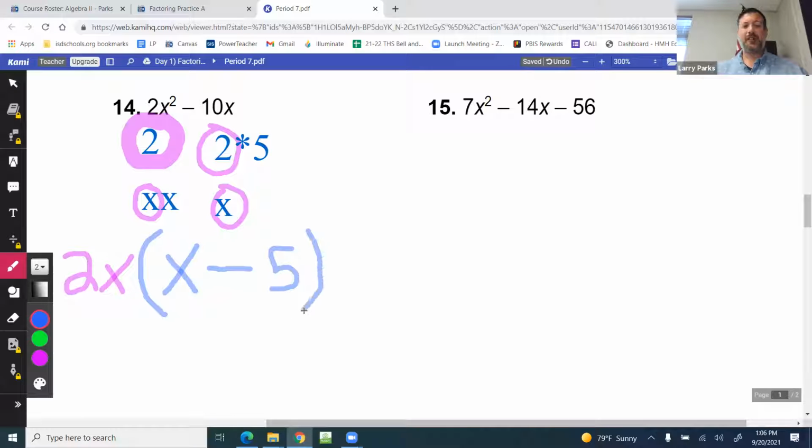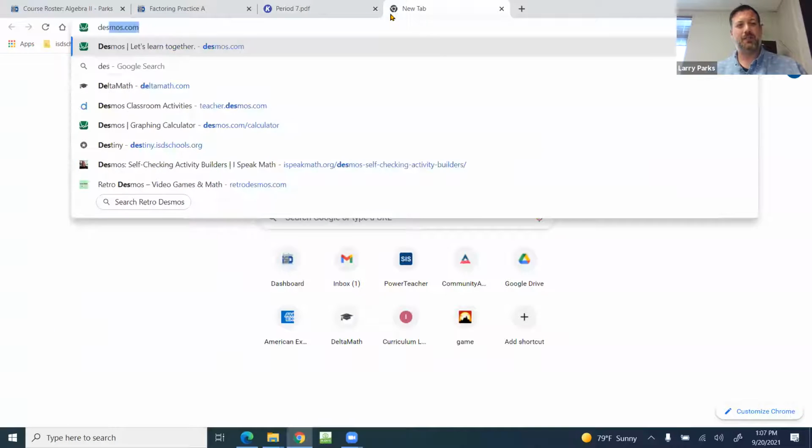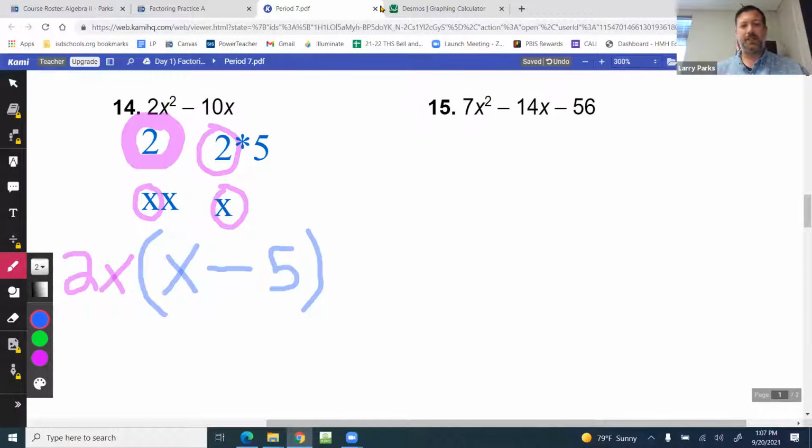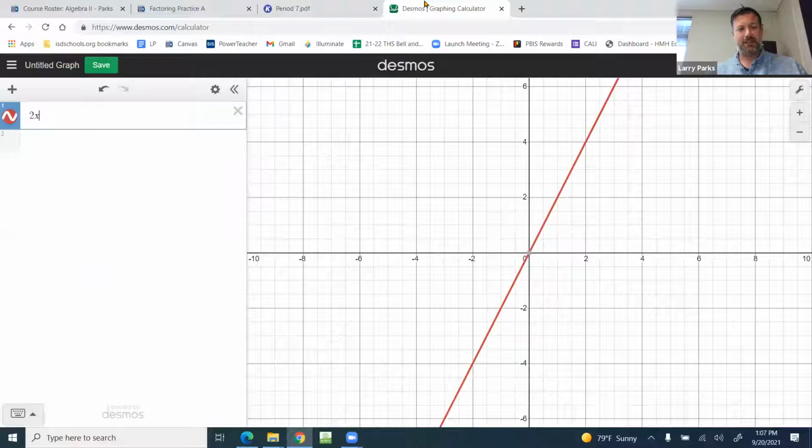Now, how do you check your work? There's a couple ways. One, you got to make sure that nothing inside has anything in common. X and 5, all they have in common is 1. 1 goes in x, 1 goes into 5. We don't really care about that. But one way you could really check your work is if you go to Desmos and I type in 2x squared minus 10x.